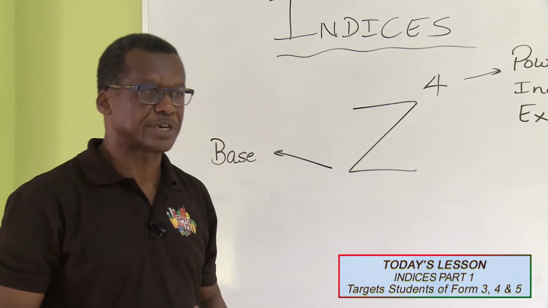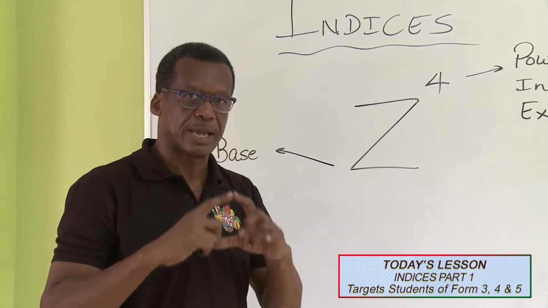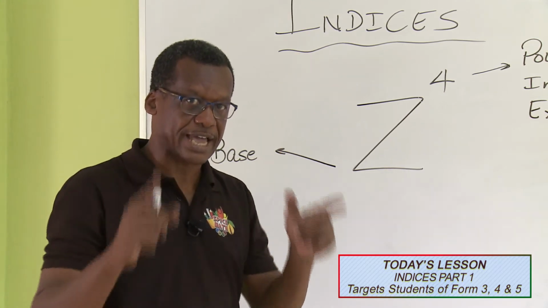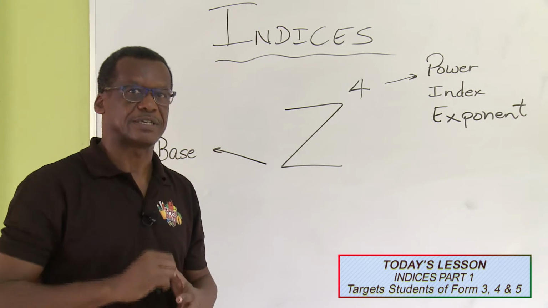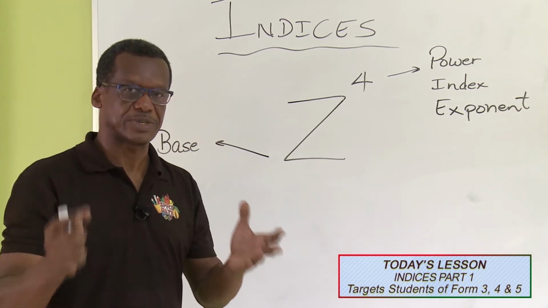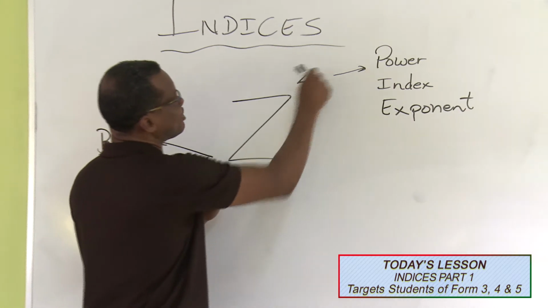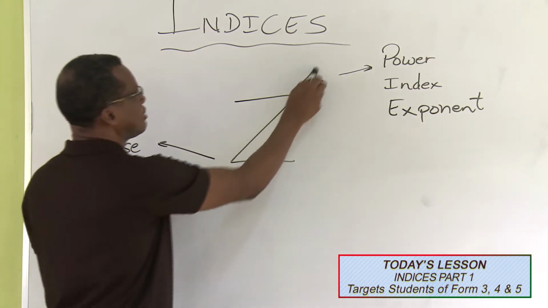Anytime you write in a number to a particular power, the base has to be bigger in size, not in number, but in size. The power has to be smaller in size, or we can call it font size. So, z to the power of 4, the 4 is the power, it's written in a smaller font.